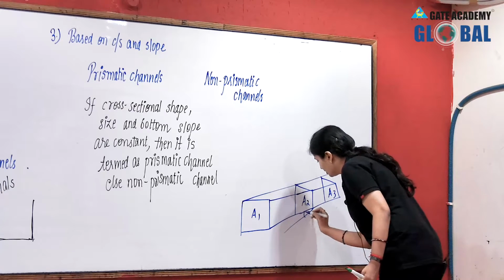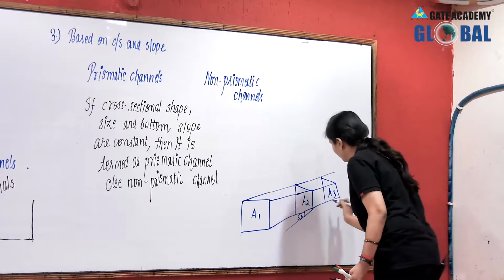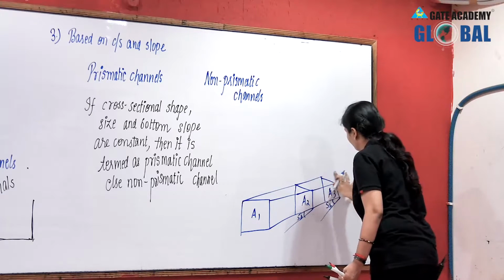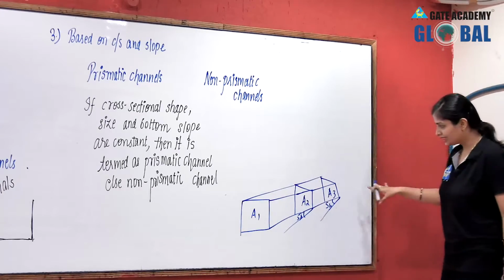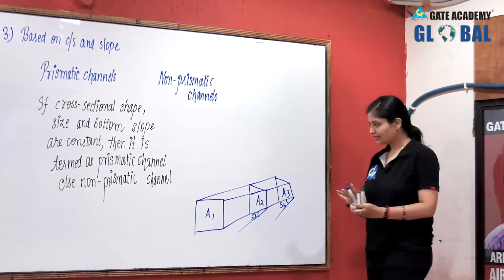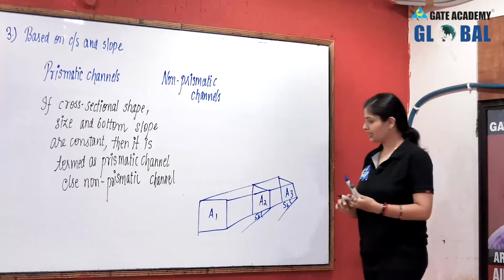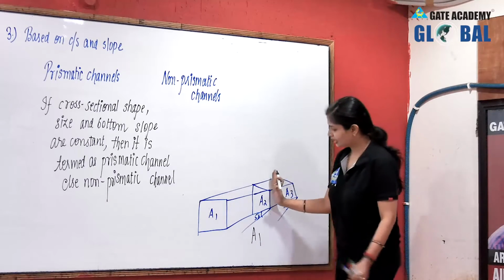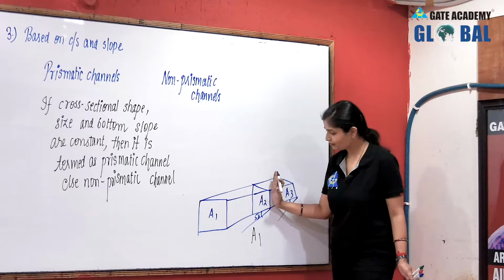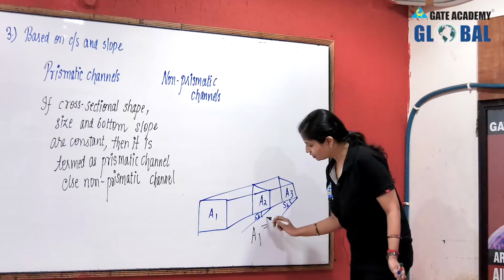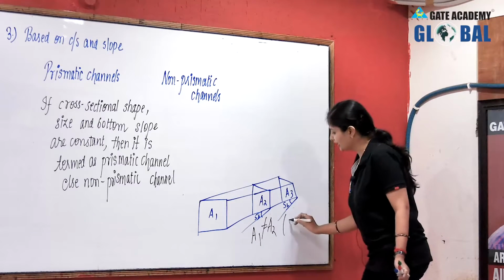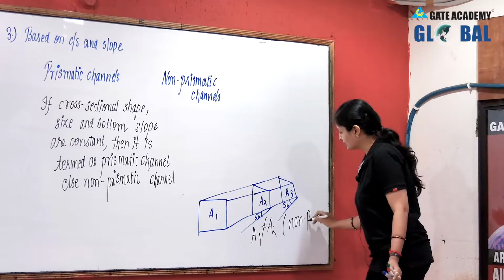You have a certain slope here, let S be the bottom slope, or you can say S0 also. Now in this channel section, if I say A1, till here, A1 is not equal to A2. If it happens, then it will be the case of non-prismatic channel sections.